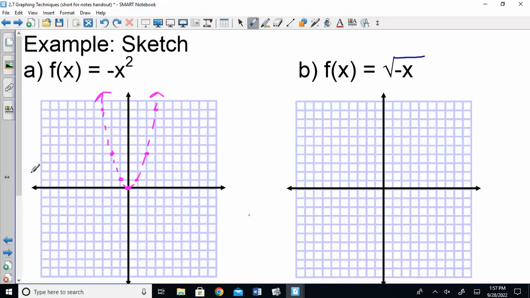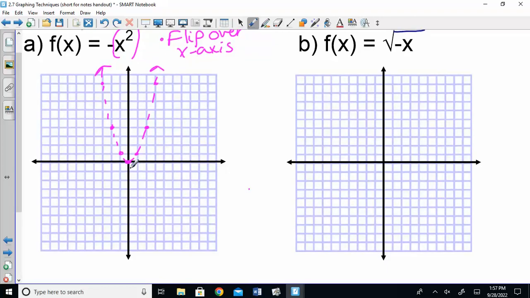So a negative out in front does what to my graph? It's not on the inside because it's not in my square, so a negative out in front. It's like making my y's negative, so I flip each point over my x. So if it's on the x, it stays.